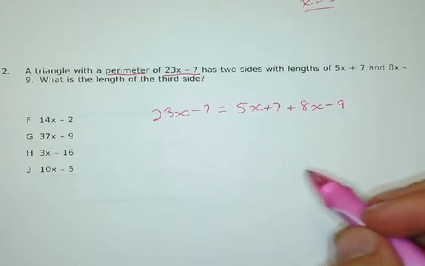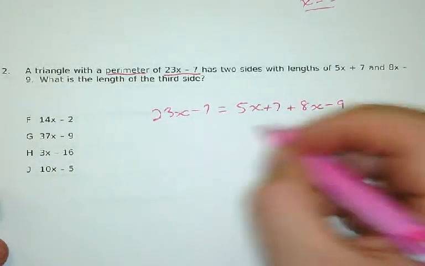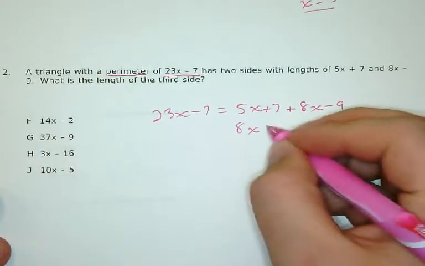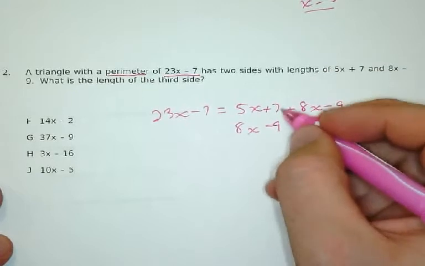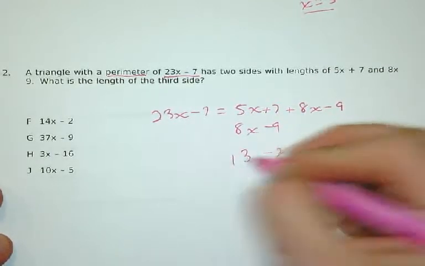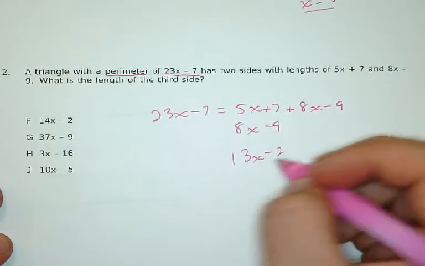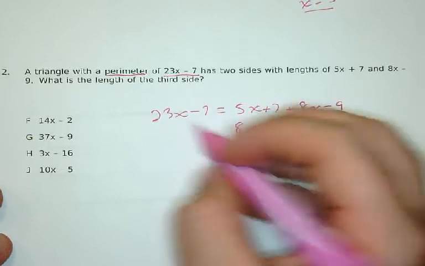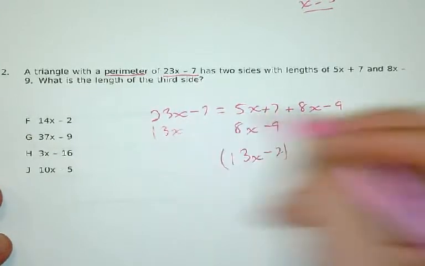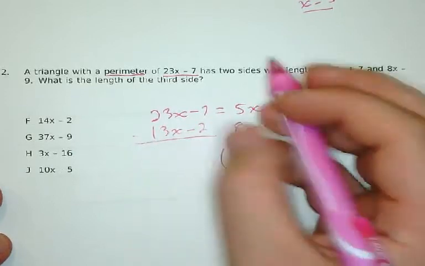Well, there's a couple of different ways. What I could do is I could combine these two. This will give me a negative 2, and that'll give me 13x, and I need this to add up to that. So now I could take this and subtract it to see what's left.